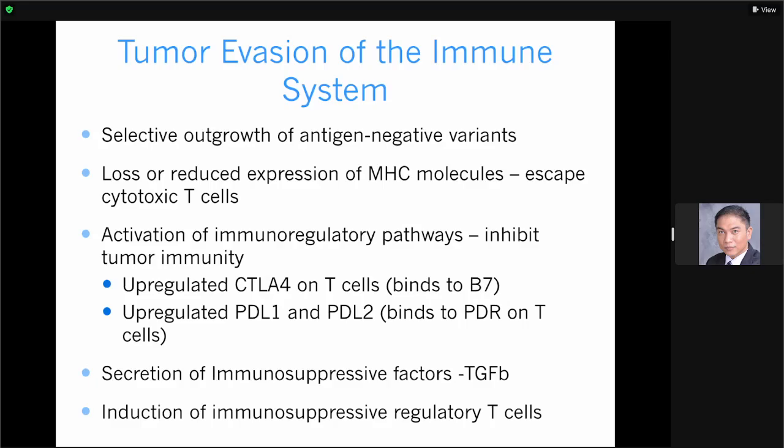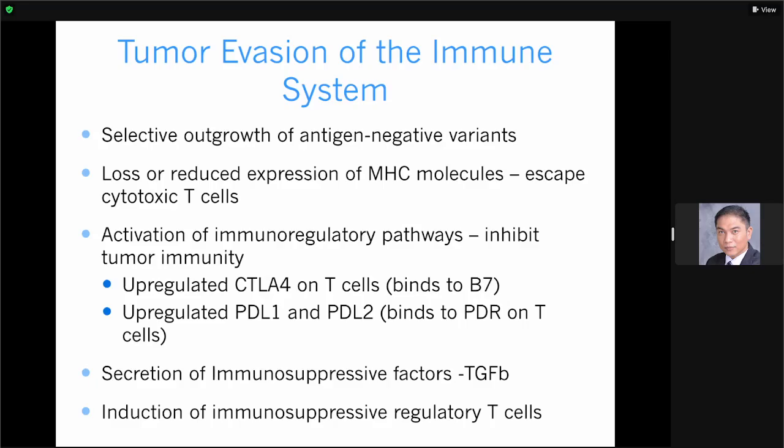Next is loss or reduced expression of MHC molecules. Because if you do not express MHC, kung wala kang MHC, then the cell will not be able to display antigen to cytotoxic T cells. Without the display, the cytotoxic T cell will not be able to kill the cell that has been transformed into a malignant cell.